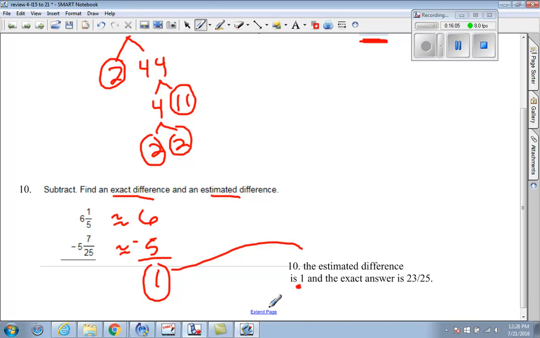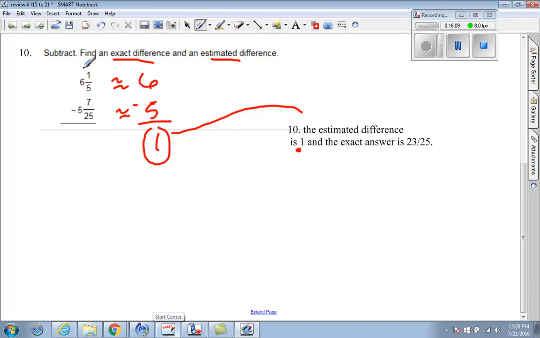Then if you actually wanted to perform the math, you have the freedom to change these to improper fractions, which I'm not going to do, or you can do the borrowing method, which I am going to do. So 6 1/5 minus 5 7/25. Obviously, the 25 is the LCD.